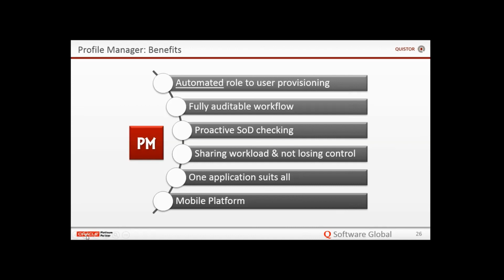So now you have a way of demonstrating to your auditors and your compliance teams exactly when a request was raised and when it was provisioned and how it was provisioned and how it was mitigated, if that's the case. And it's all within the system. You can do your SOD checking, and it's automatic. This will highlight where you've got potential conflicts before they happen.